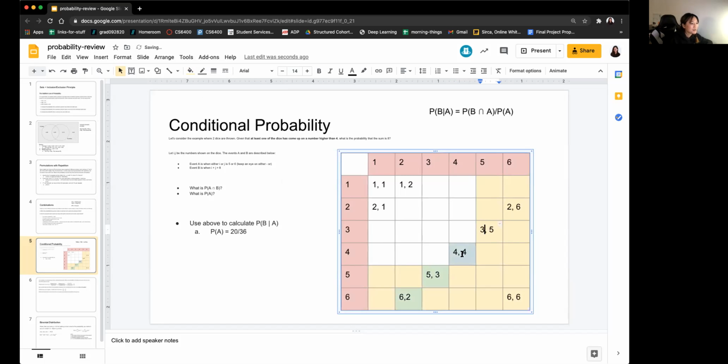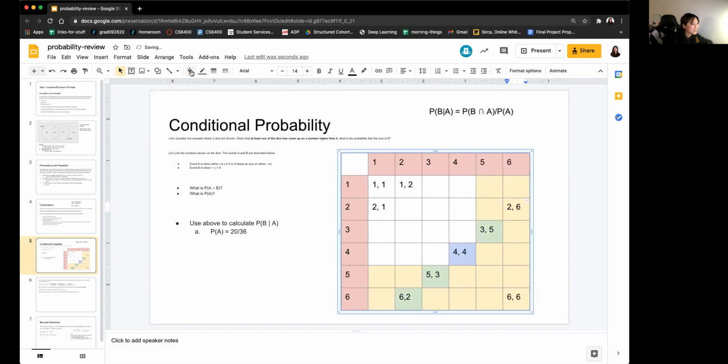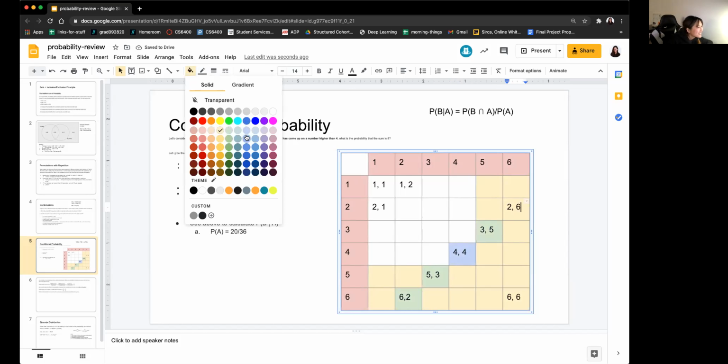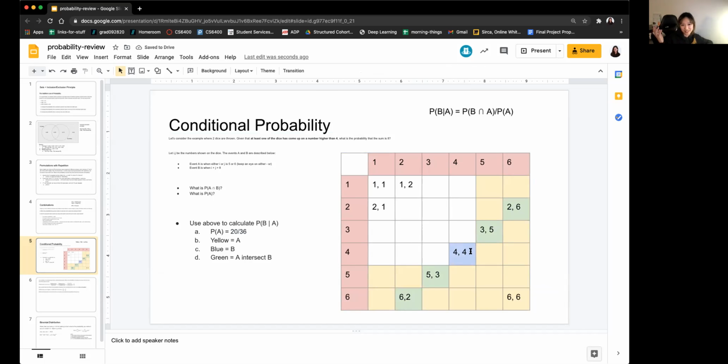All right, so this is going to be blue, and then these are going to be green, because blue and yellow make green. There we go. So what I'm going to put here is yellow is event A, blue is event B, and then green is A intersect B. There we go. Now that we have all of this laid out, we can actually solve our problem.